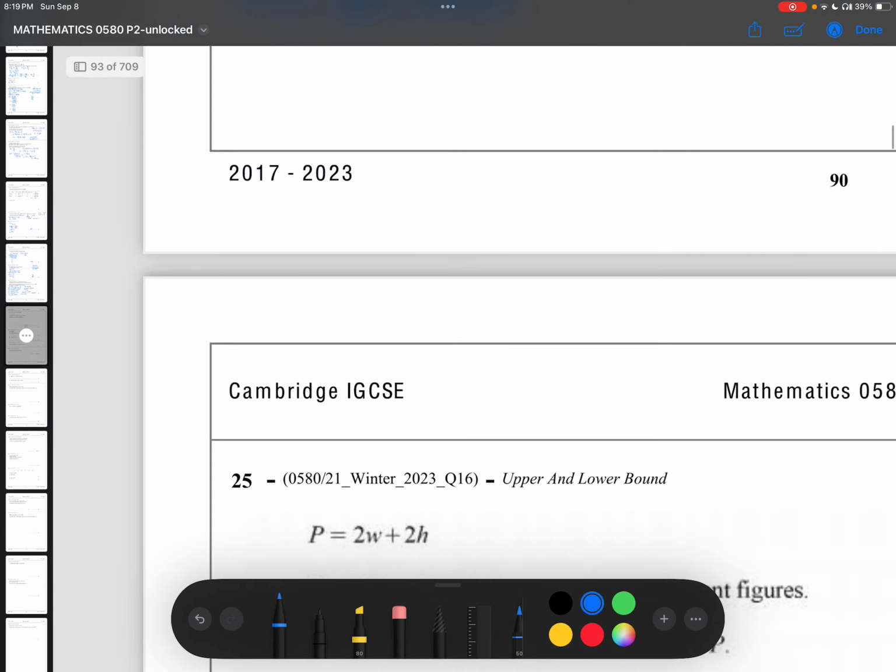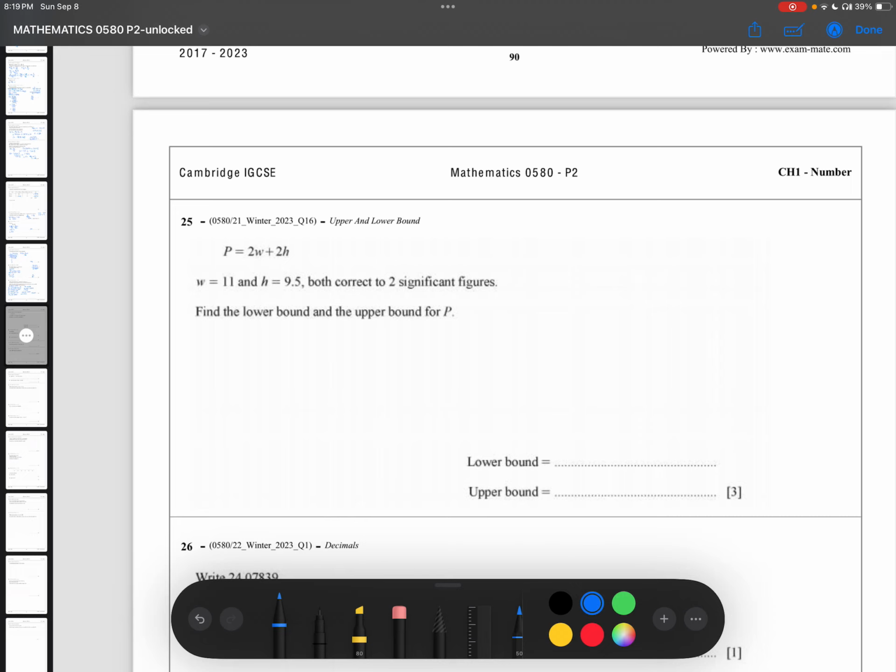So now in question number 25 it says P is equal to 2W plus 2H. W is equal to 11 and H is equal to 9.5, both correct to two significant figures. We have to find the lower bound and upper bound for P. First, let's calculate the upper bound.